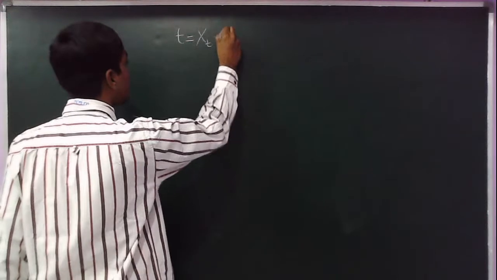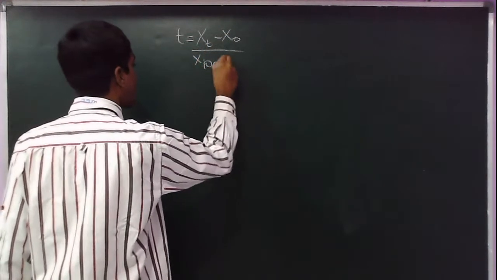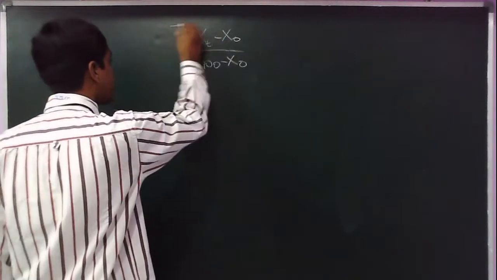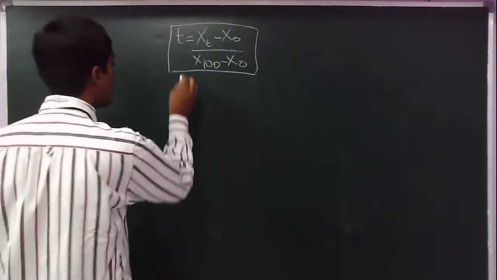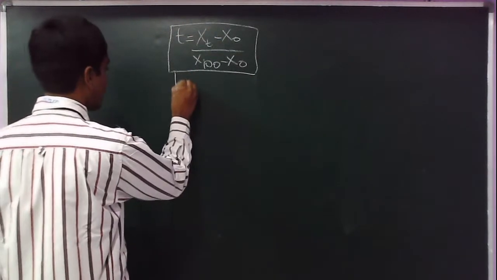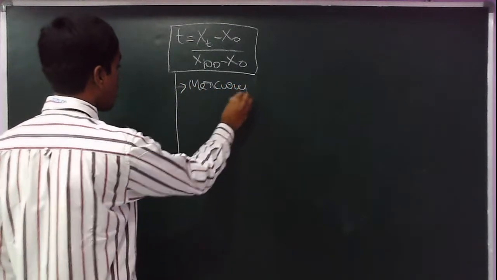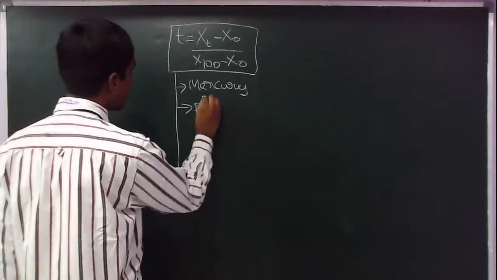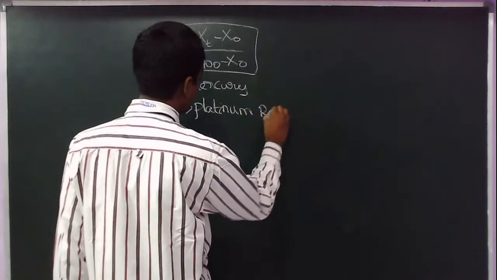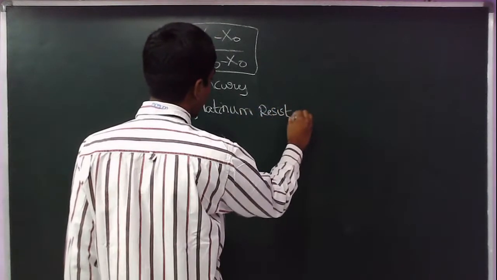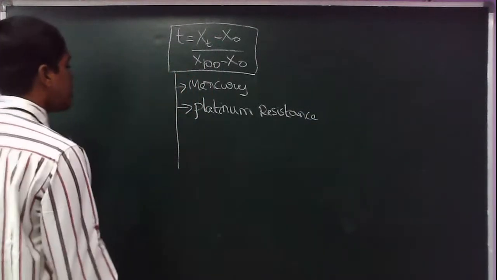I have said x naught upon x100 minus x naught. Now we want to read for the mercury thermometer, platinum resistance thermometer, as well as the thermometer at constant pressure and constant volume.